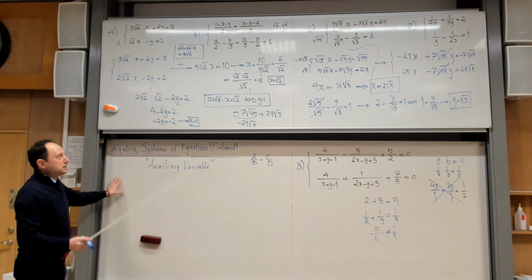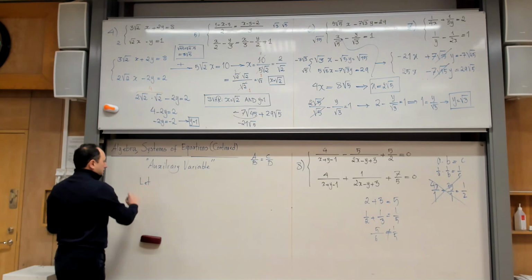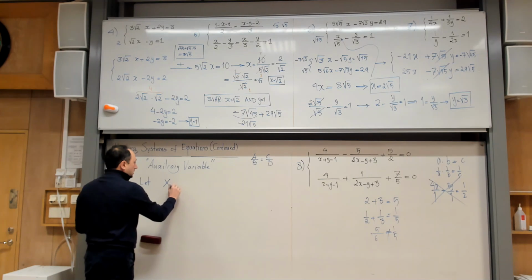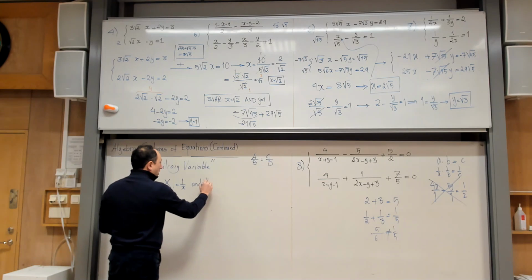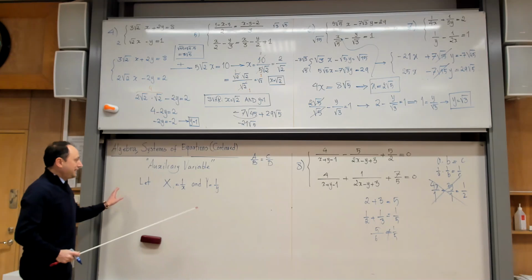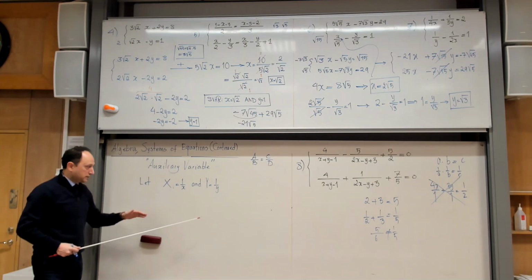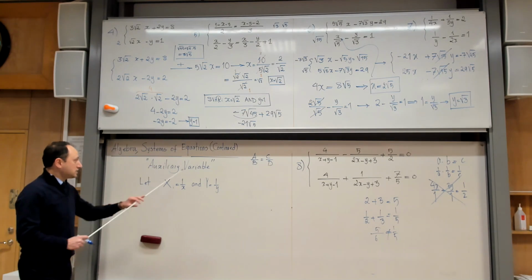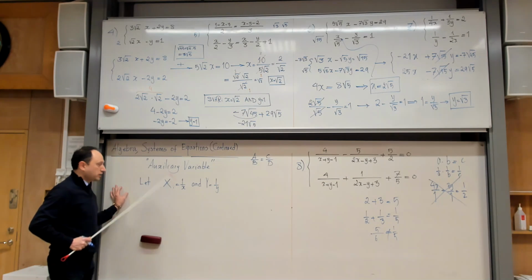So here, let capital X be equal to 1 over X and capital Y be equal to 1 over Y. You need to be a little bit patient. What I am doing right now might not be clear, but it becomes clear at the end. There is a takeaway lesson for you, to remember this trick.